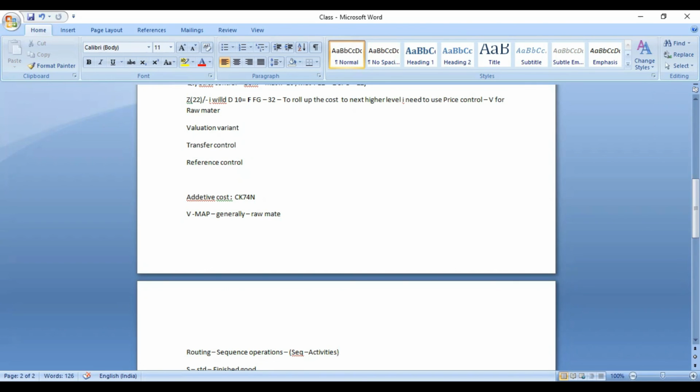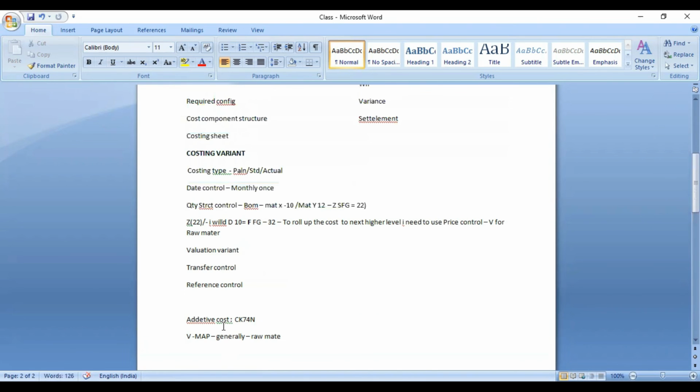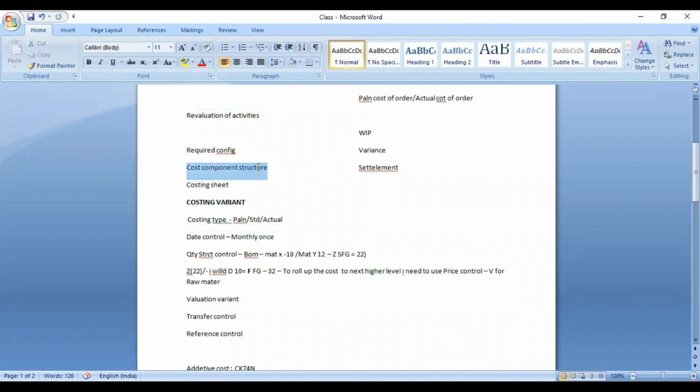Hope you understand what happens in routing and BOM. Just to recall, hope you understand what happens in the cost component structure. There we define what materials are required, what tax structure is there, and all kinds of structures we are going to define there.